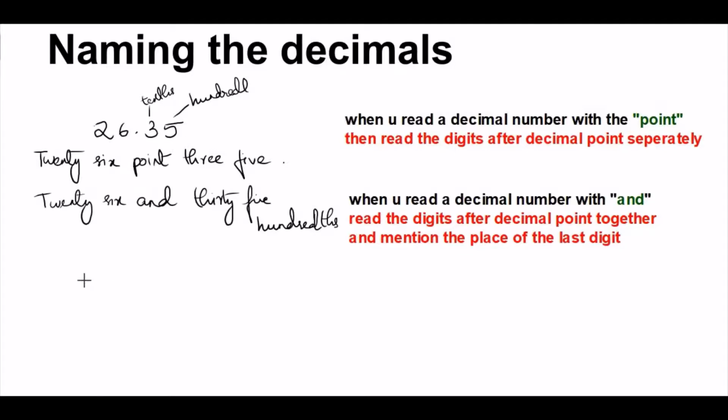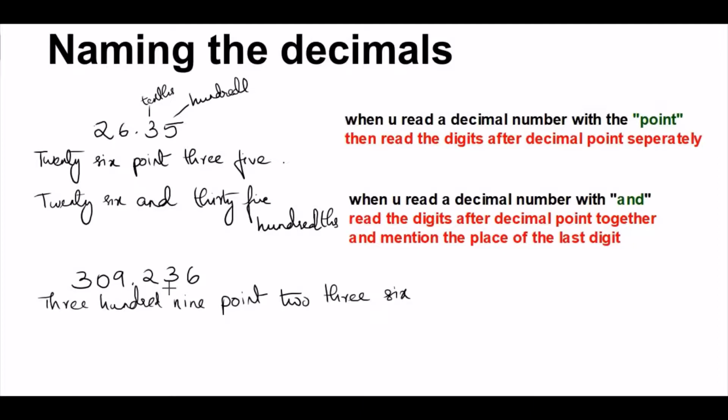Now let's take another example. If you want to read this decimal number with the point, then it is 309.236. Now, if you want to read this number using AND, then you can read it as 309 and 236 thousandths.